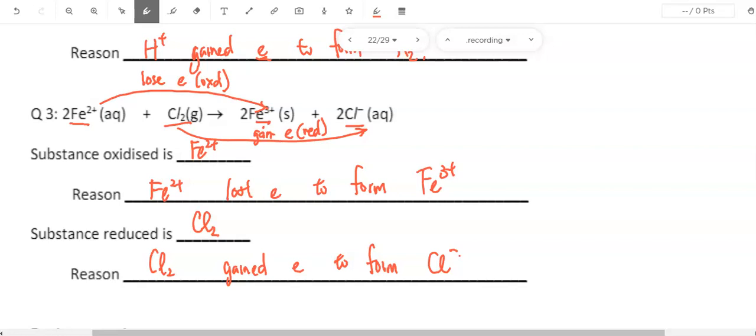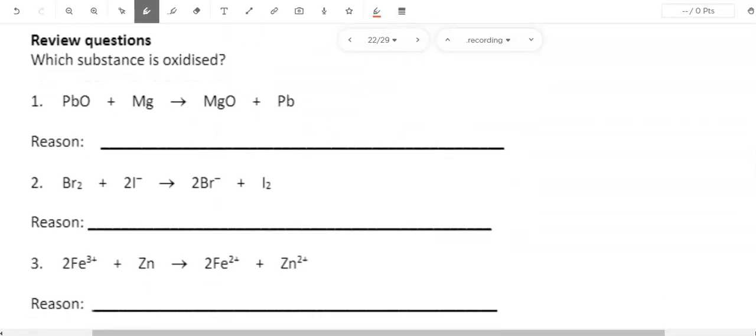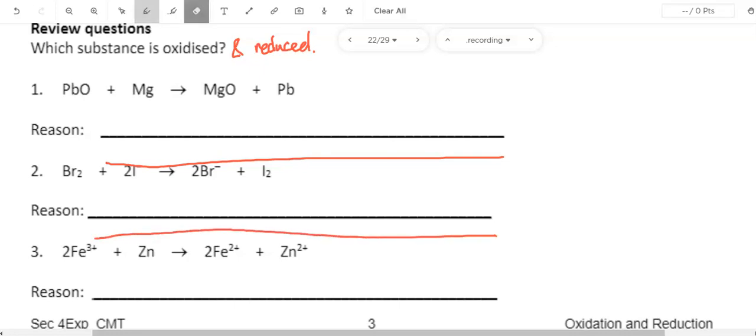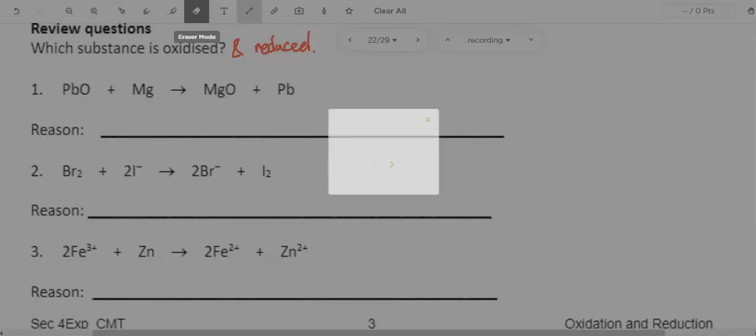Okay, so there are 3 examples over here. I was telling everyone, maybe you don't focus on only what's oxidized, but instead you do both again. So which substance is oxidized and reduced. You might want to have another line over here. I'm sorry for the ugly lines over here. Okay, let's draw a line.